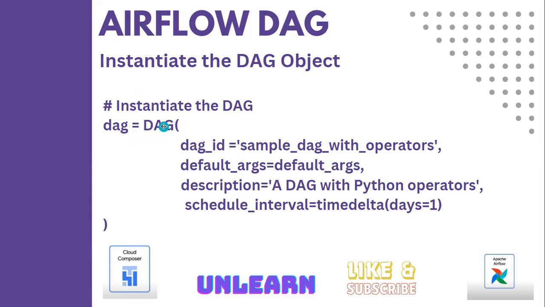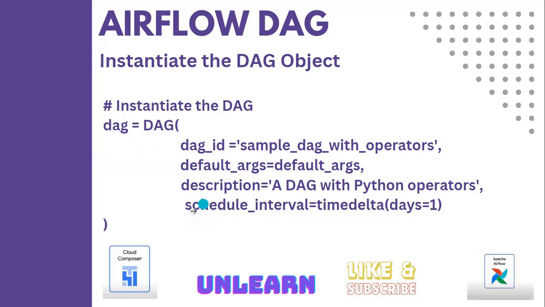We use the DAG module here. Here we need to provide certain parameters like dag_id and default_args. In the default arguments, we define the default arguments. Those default arguments should be passed through this parameter, default_args.